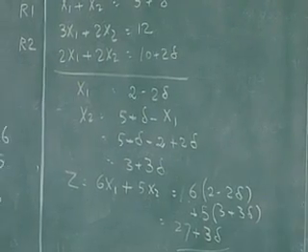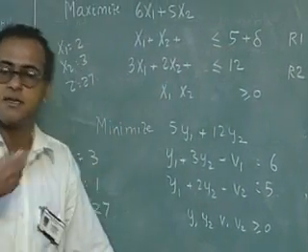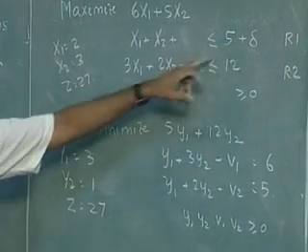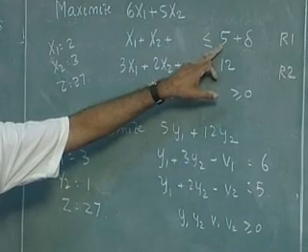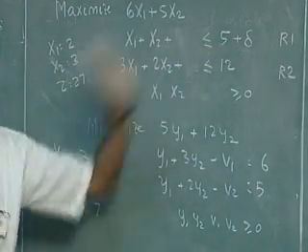So it is a marginal value at the optimum of this resource, or the price that I am willing to pay to get an additional unit of this resource. Now that is the interpretation of this dual variable.